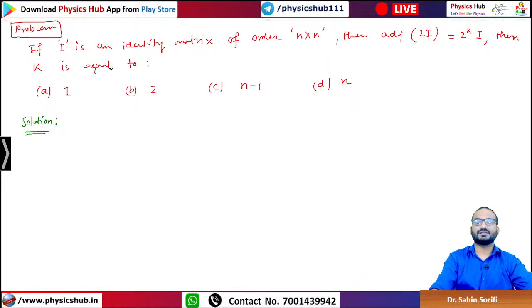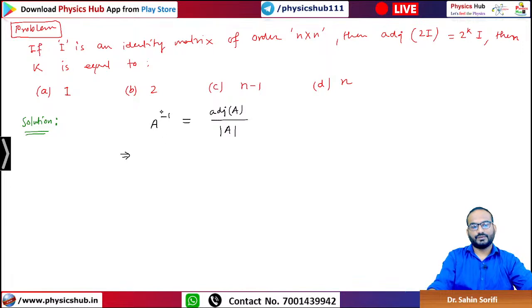Look, A is given to be an identity matrix of order n by n. You have to find out adjoint of 2I. So let's forget about it. First, what is A inverse? Because adjoint appears in inverse. So adjoint of A divided by modulus of A, right?